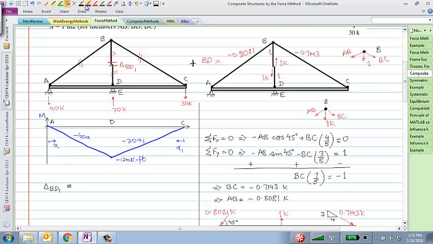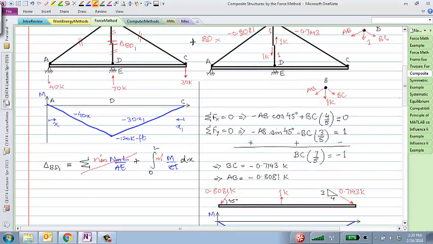So I would have the sum of the virtual internal forces times the real displacements, plus the virtual bending moment times the real curvature, integrated over the length of the beam. In this particular problem, the energy stored in the truss part is 0. So all I need to do is sum up the energy stored in the beam.